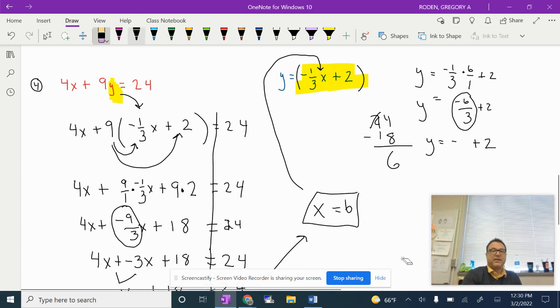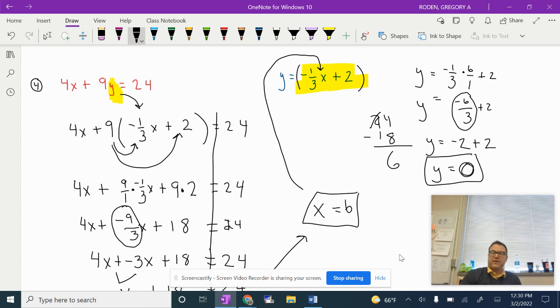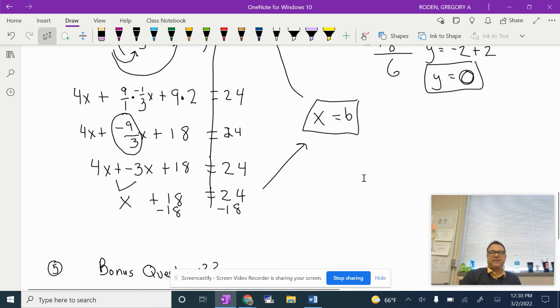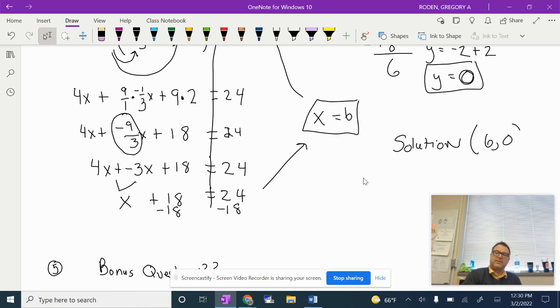I almost made a mistake there. That's negative 2. 3 goes into 6 2 times, not 3 times, right? And then what's negative 2 plus 2? Well, that's going to be 0. So now I get y equals 0. And so now I have a solution. My solution is going to be (6, 0).